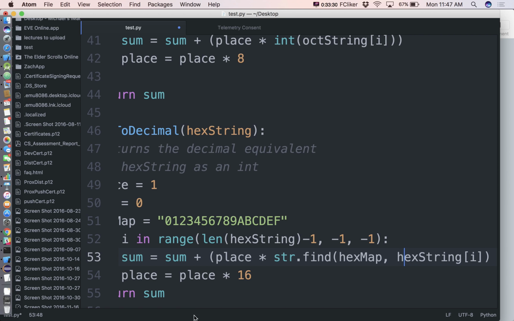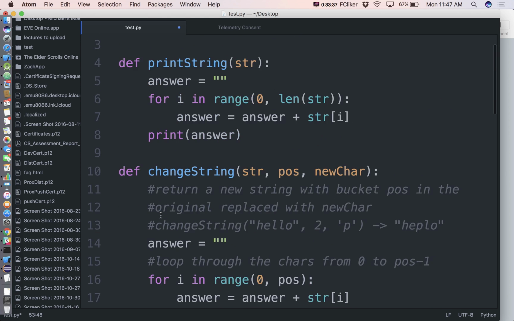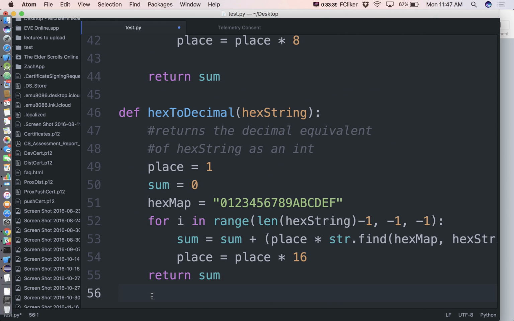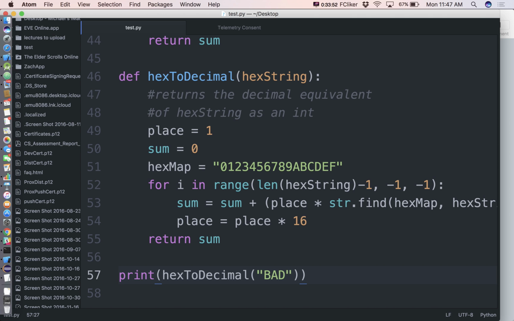Now, if you didn't know about the find function, so let's test this real quick. Are we running anything else up there? So we're converting this guy to decimal, so let's go ahead and print hex to decimal of my favorite hexadecimal number, BAD.